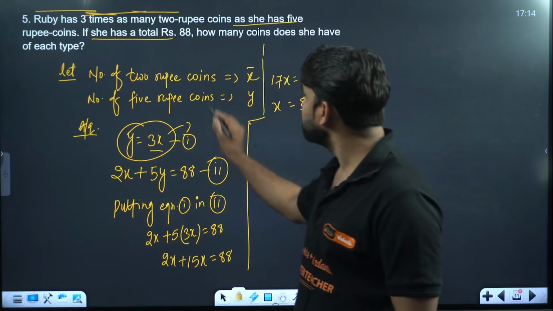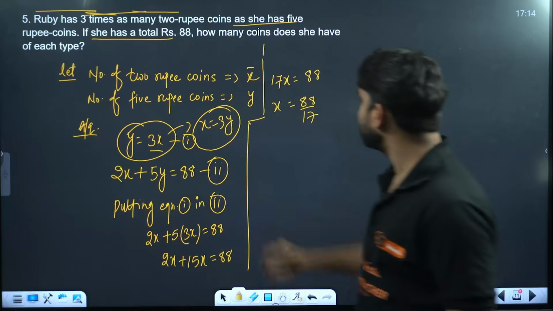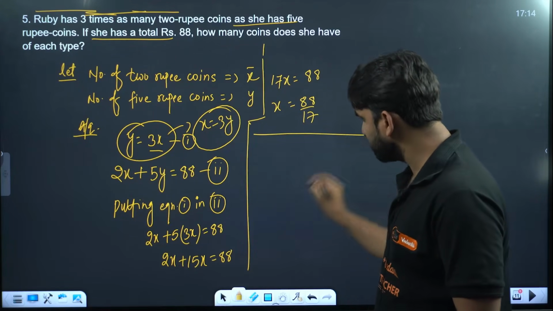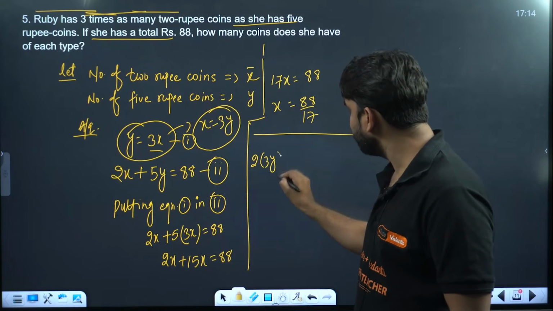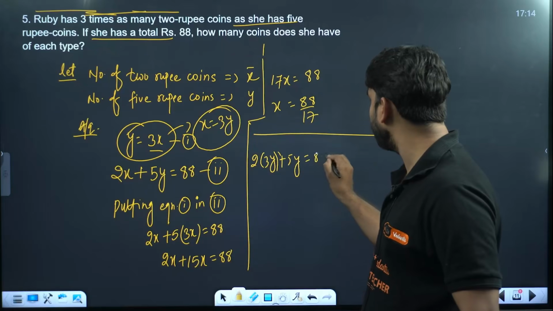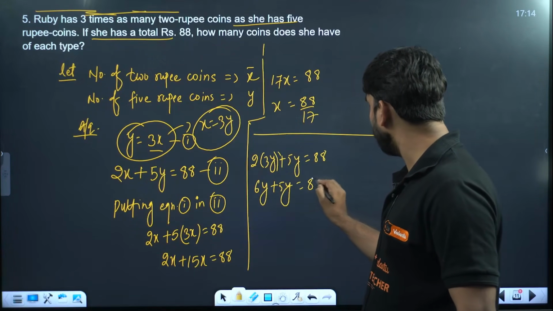And if we interchange, it might be x is equal to 3y. So if we write x equals 3y, what is the scenario? At the place of x we can write 3y, and this is already 5y equal to 88. So this is 6y plus 5y is equal to 88.